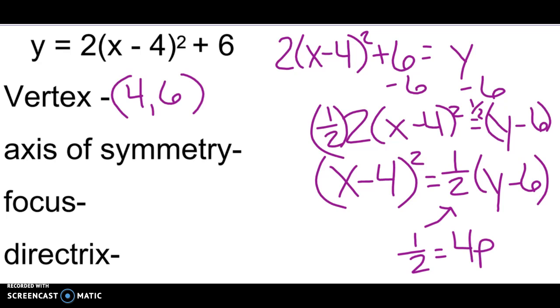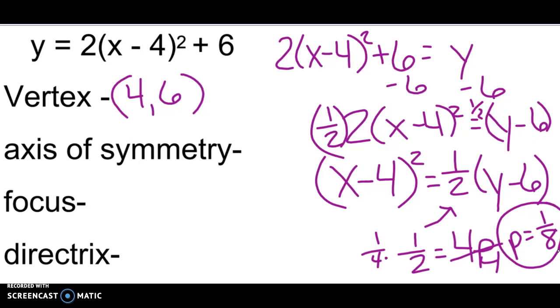So if 1/2 is equal to 4p, we're going to divide everything by 4, or multiply by 1/4. p is only equal to 1/8. So we've got a tiny little change here between the vertex and the focus and the directrix.